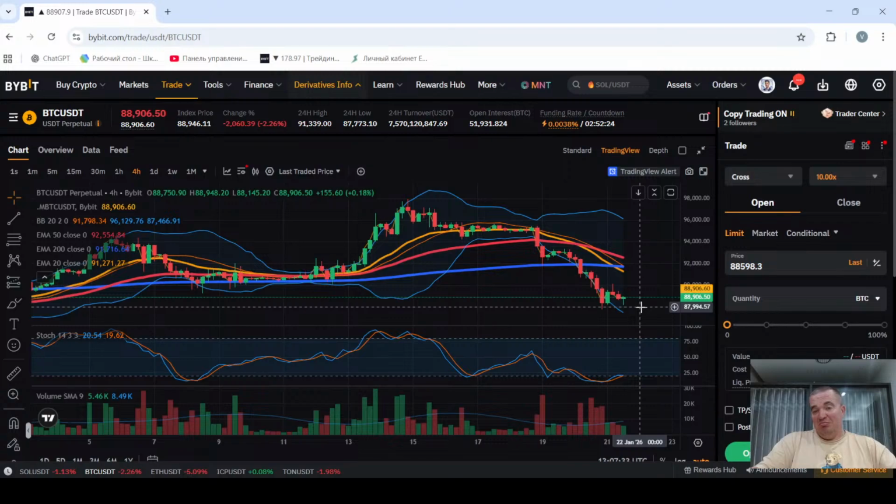As I say, it's not really bearish, but it's also not bullish, because the price is below all our moving averages, which is supposed to be a bearish cycle, but it's still looking to the top, because stochastic is in the oversold zone, and the fast EMA is not really moving back.